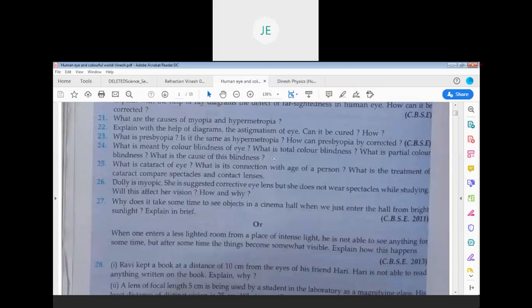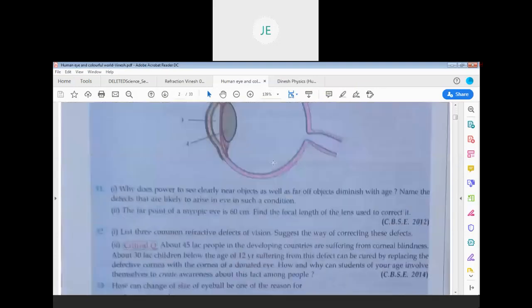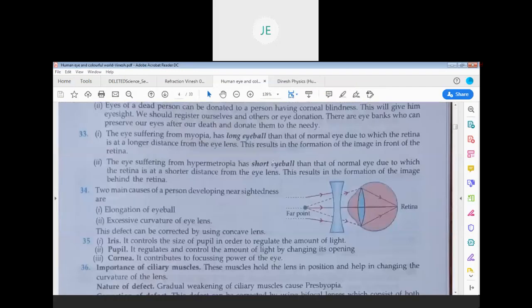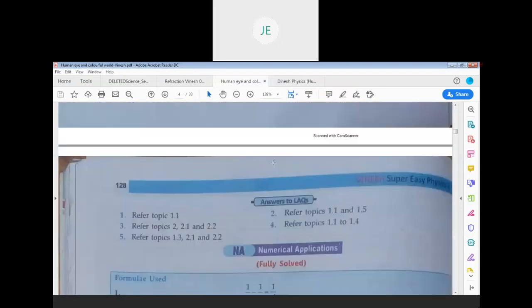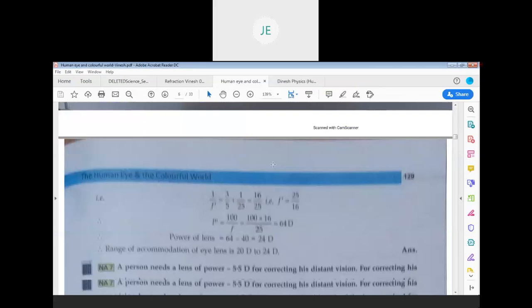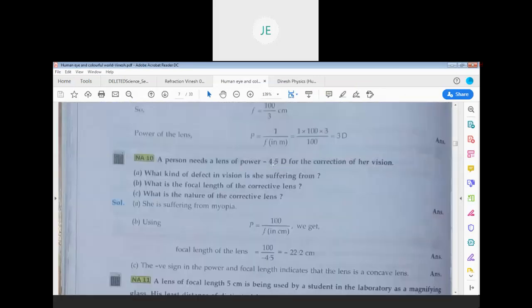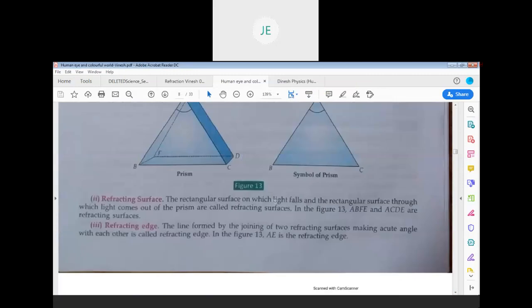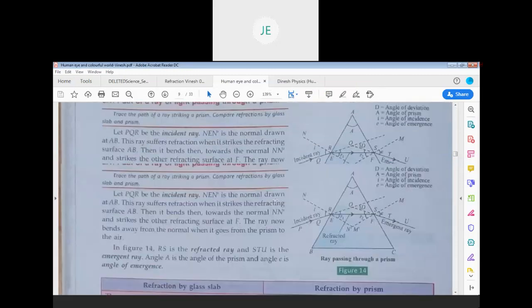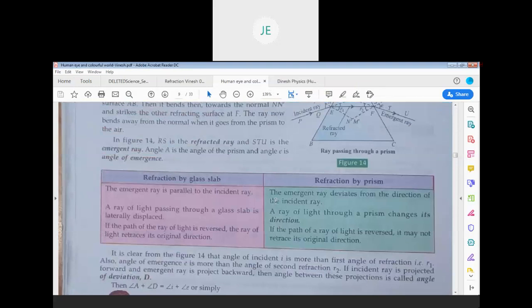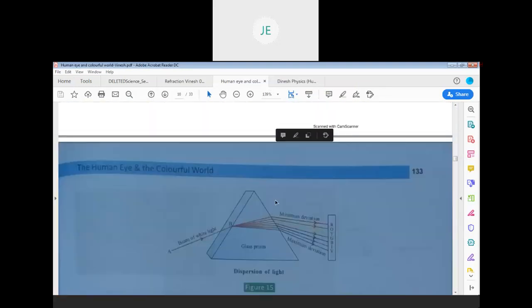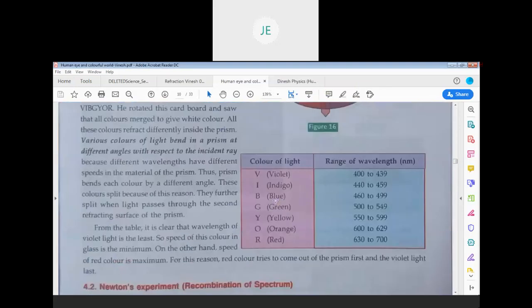Sir, fill in the blanks is given: stars twinkle because of dash. So if we write refraction, then it is wrong? Refraction is correct.